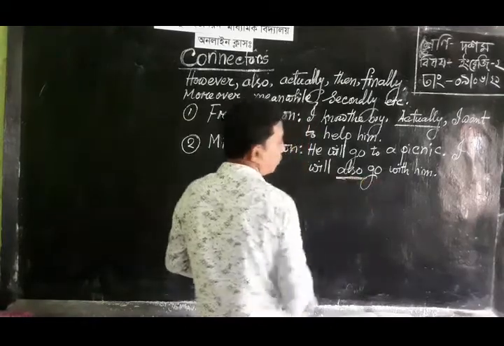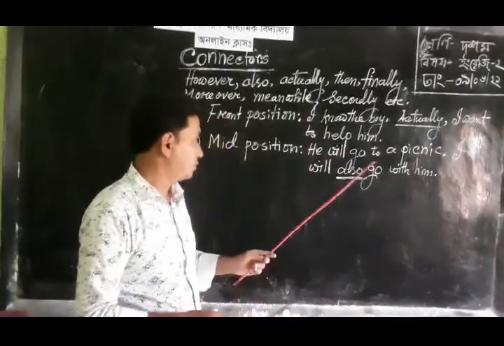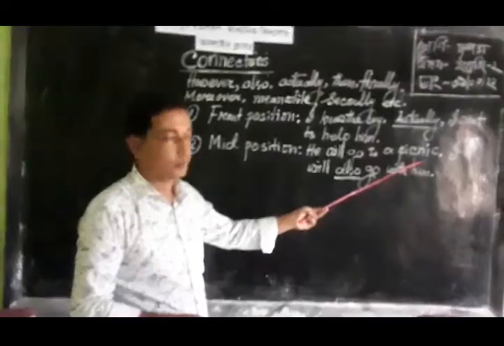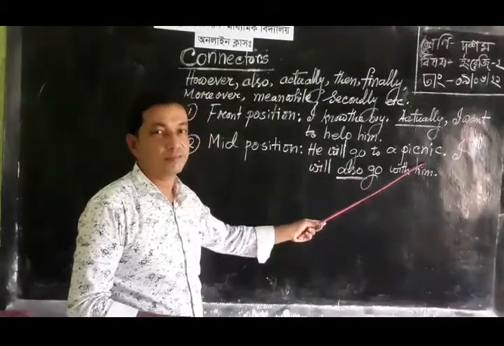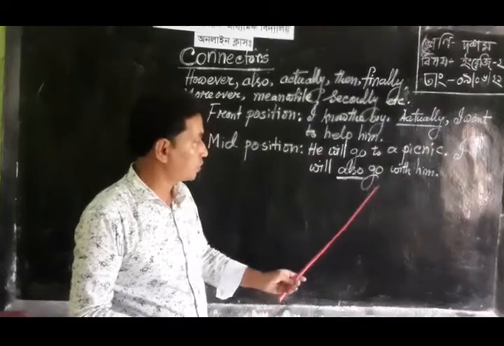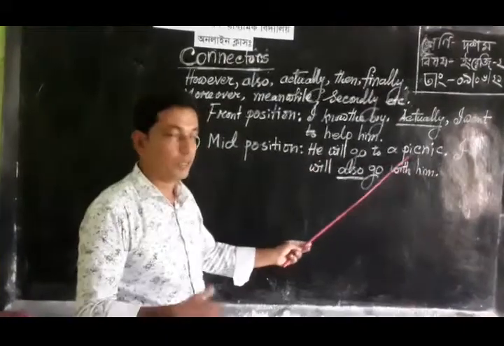Learner, look at the example. I have written two sentences. Suppose, he will go to a picnic. This is the full sentence. And the next sentence is: I will also go with him.